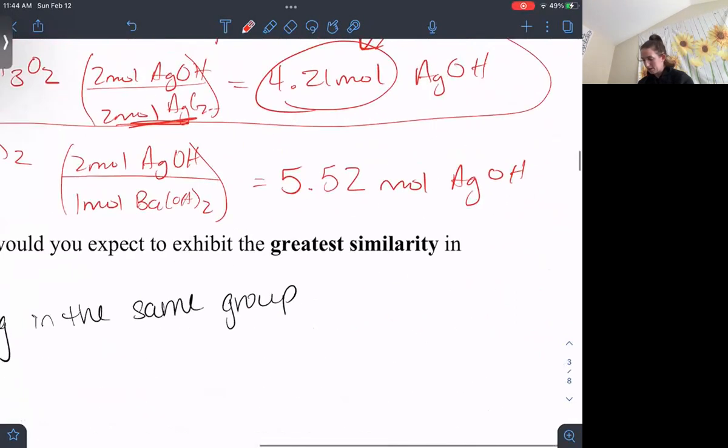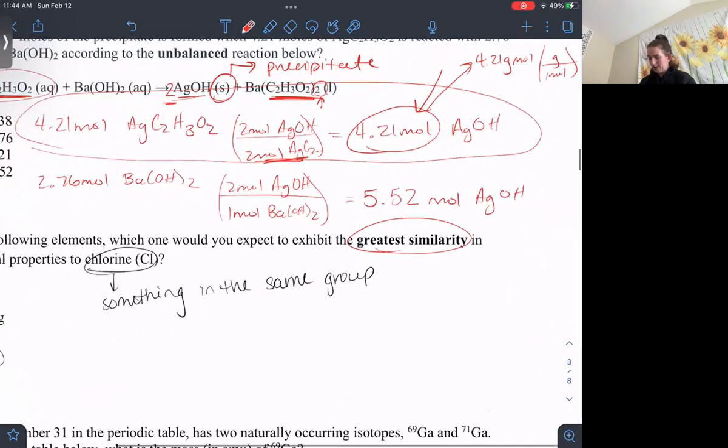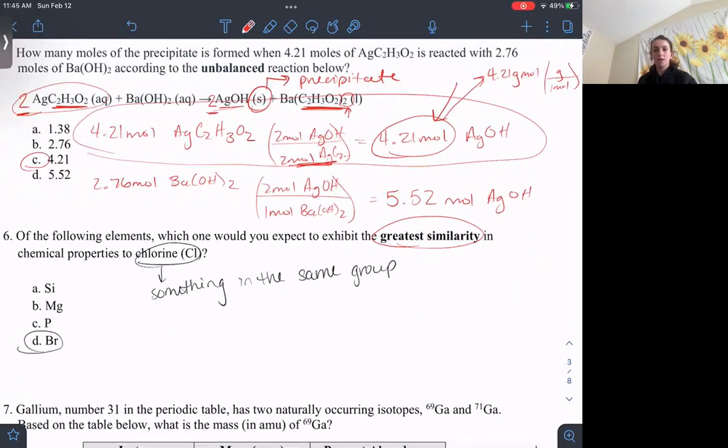So here, greatest similarity, when we talk about different elements, your groups on your periodic table will all be the same. So similarity is in the groups. So group 1, such as lithium, sodium, potassium, those are all very similar.